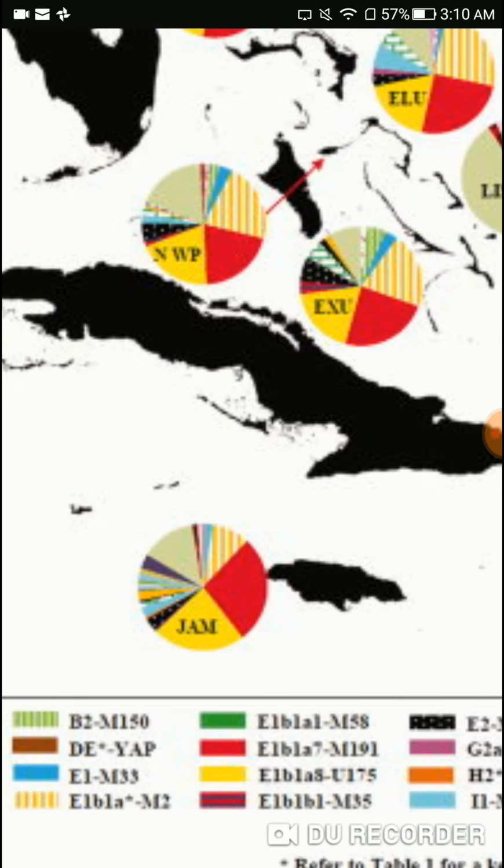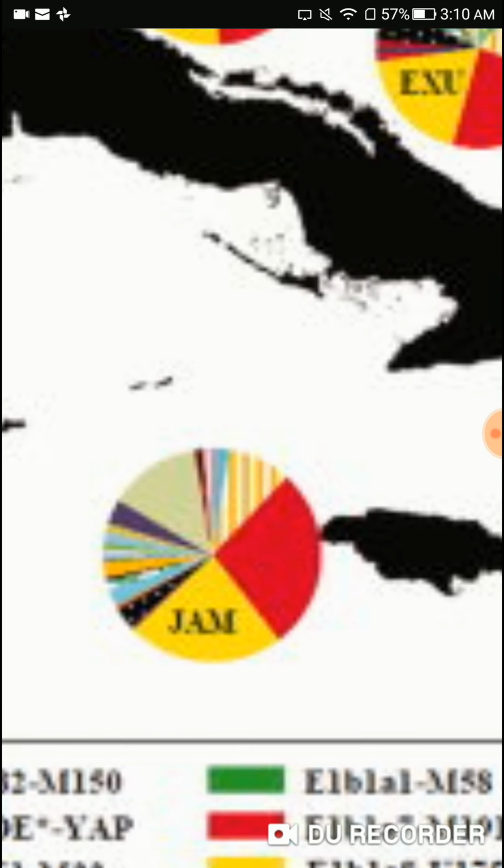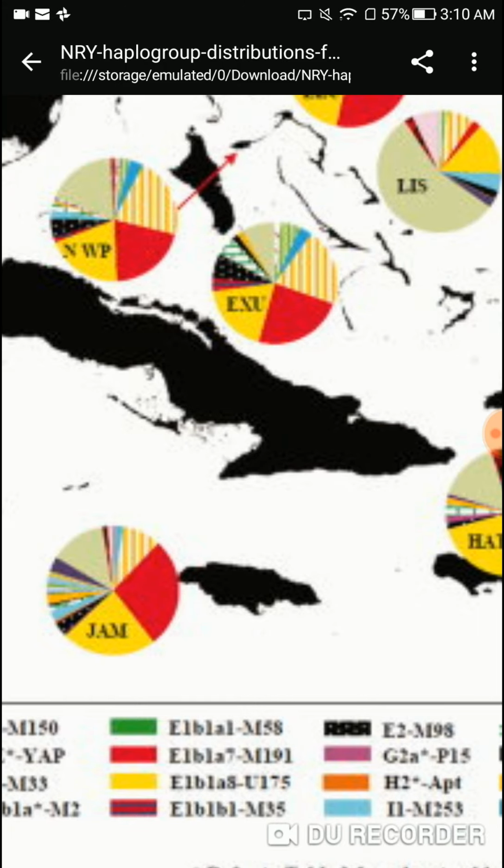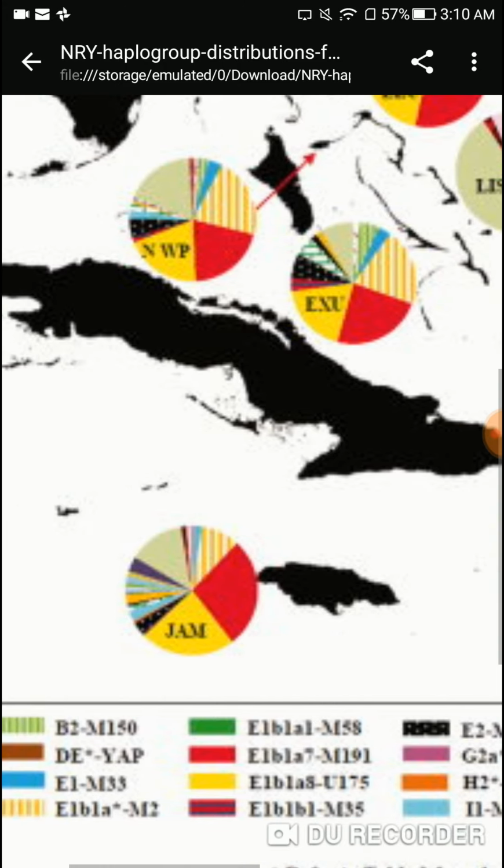So on this one, dealing with Jamaica, there's little yellow bits or pie cut. That's an E1B1A marker. The one above it is another E1B1A marker. And then the one above the red marker is also another E1B1A marker. So these are our people being a good majority of these island nations.